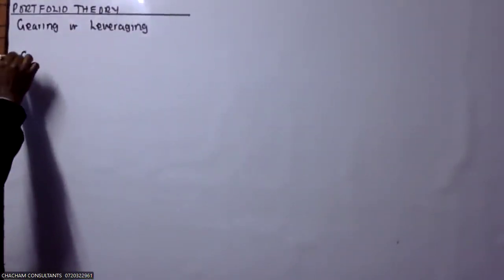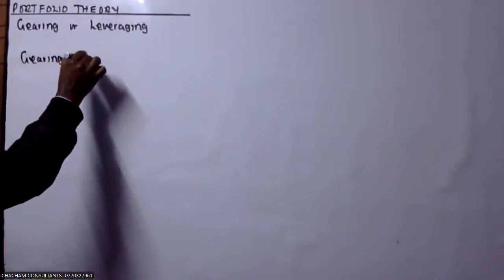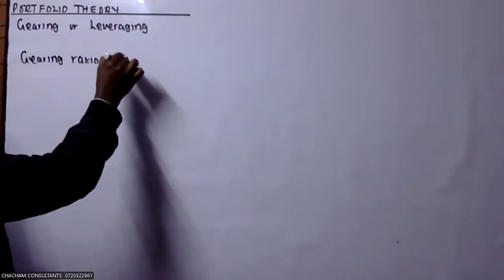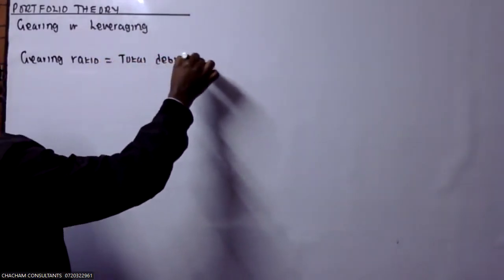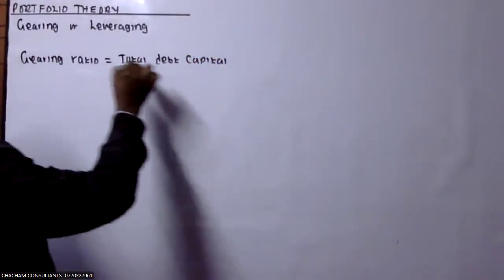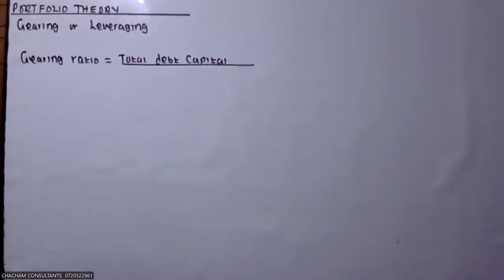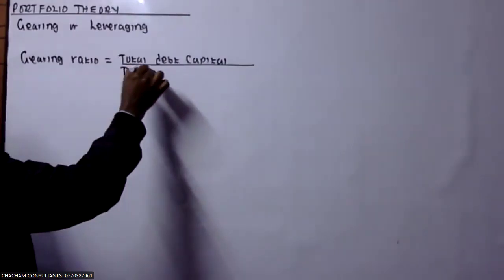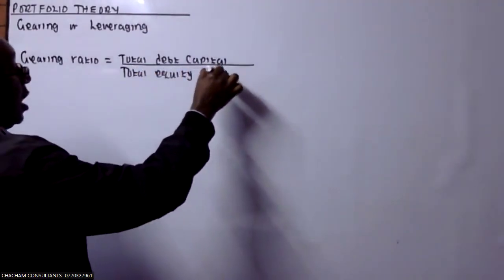Gearing ratio is equal to total debt capital divided by total equity capital.